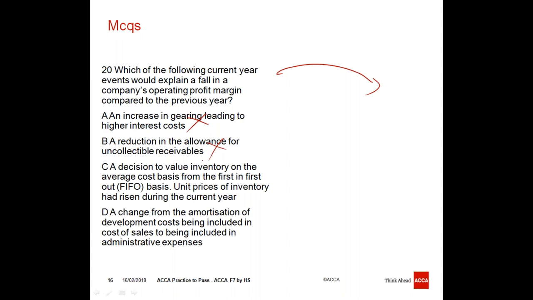C: A decision to value the inventory on the average cost instead of first in first out. So we are moving from FIFO to weighted average. The unit price of the inventory had been rising during the current year.